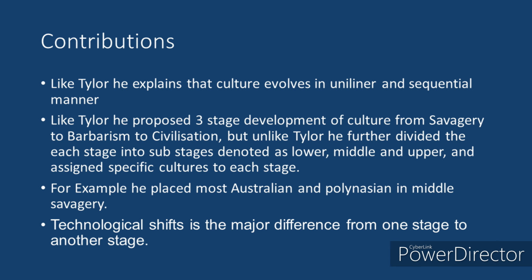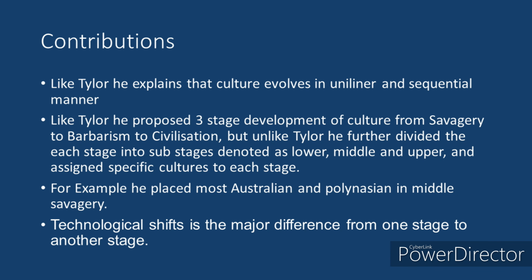For example, if he studies Indian culture, he may say Indian culture is at upper savagery or upper barbarism, something like that. If he studies Polynesians, maybe he will say middle savagery or middle barbarism. He will place the cultures into specific stages. That is what he did.